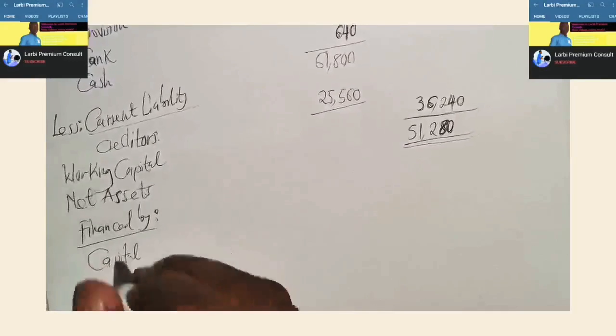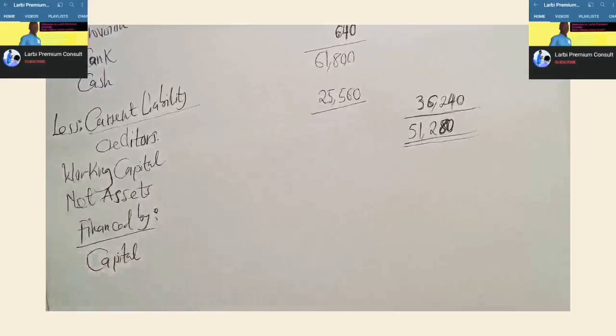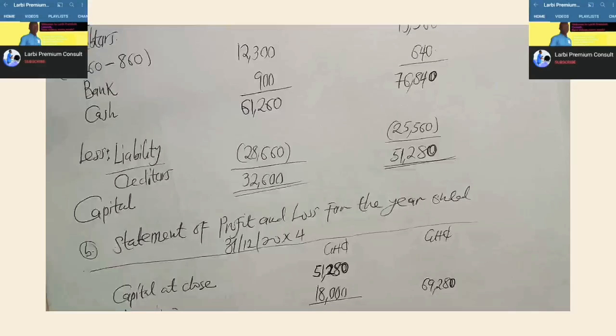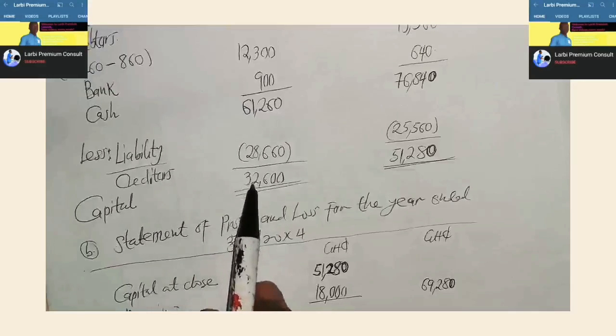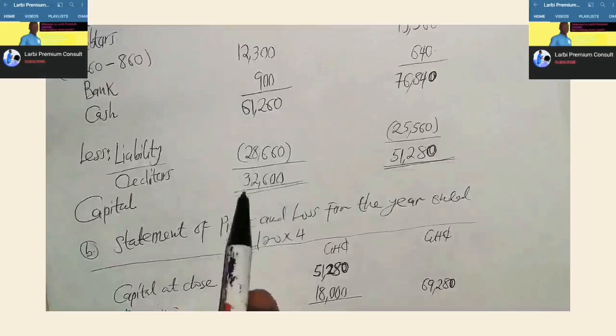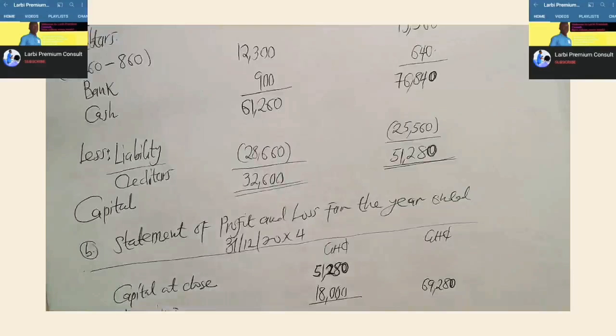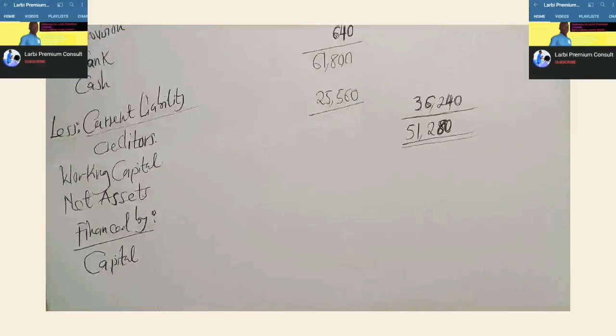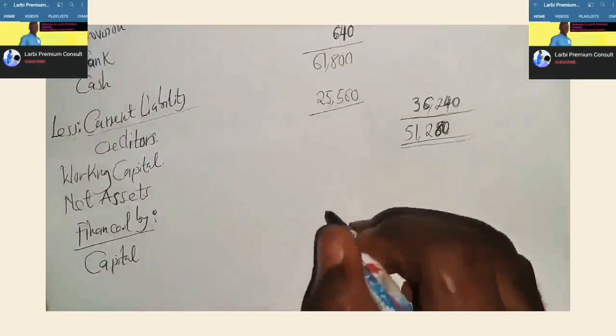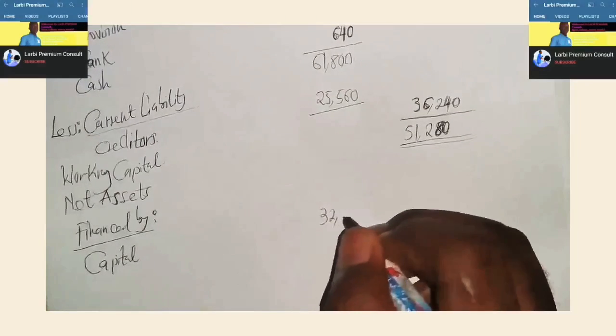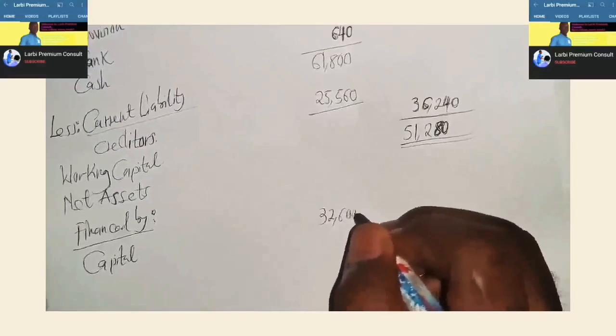That's why we did the statement of affairs, and we learned in the statement of affairs it was 32,600. Let's go back and see. So this was what I was saying, 32,600 as an opening capital. So you're going to write the 32,600 as an opening capital.